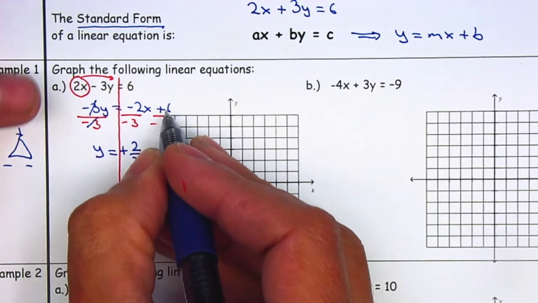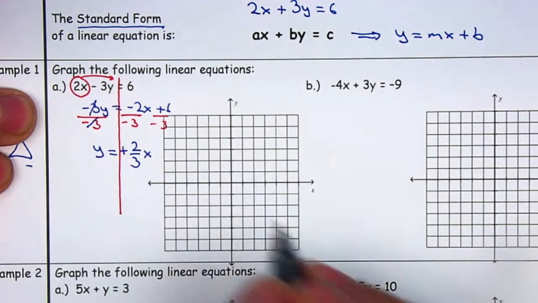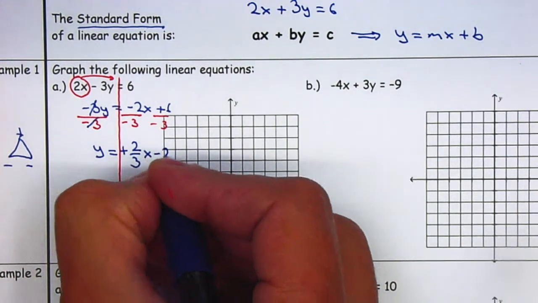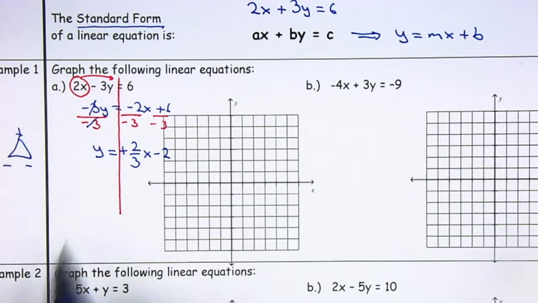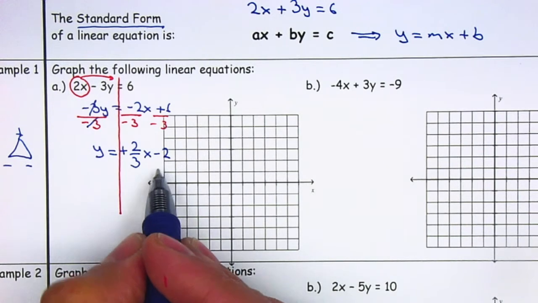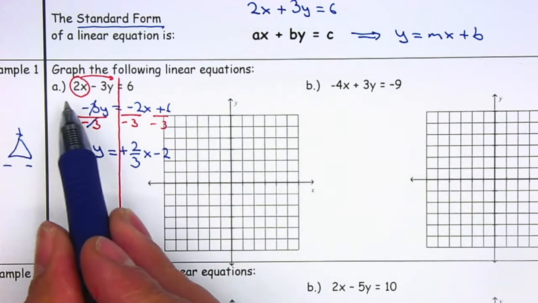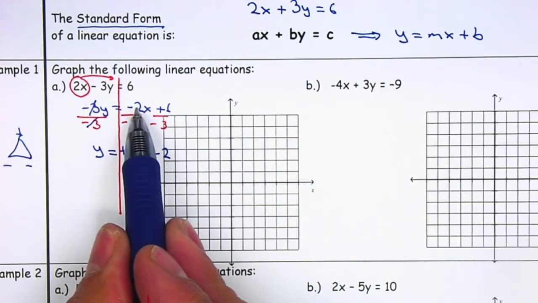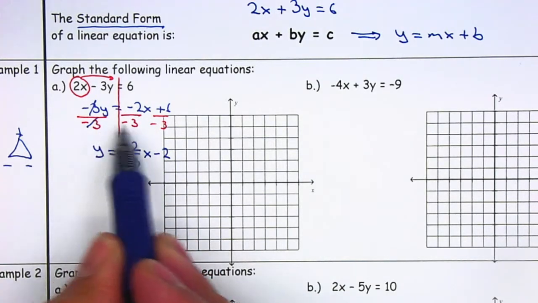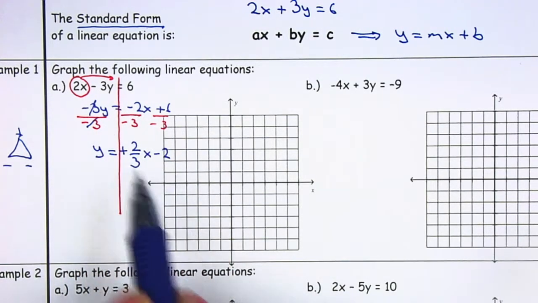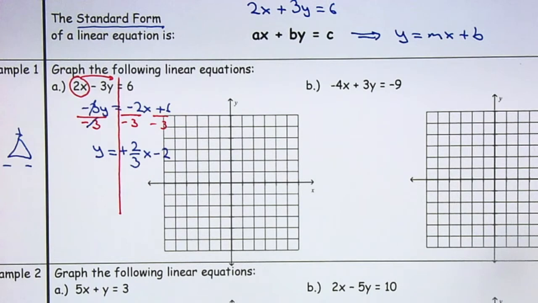A positive divided by a negative will give me a negative 2. So now that we have it in this format, and if you notice it's a very quick process, you just move the term to the right, it becomes the opposite, divide, divide, divide, and now it's in the format. Two steps. Move it to the other side and divide.